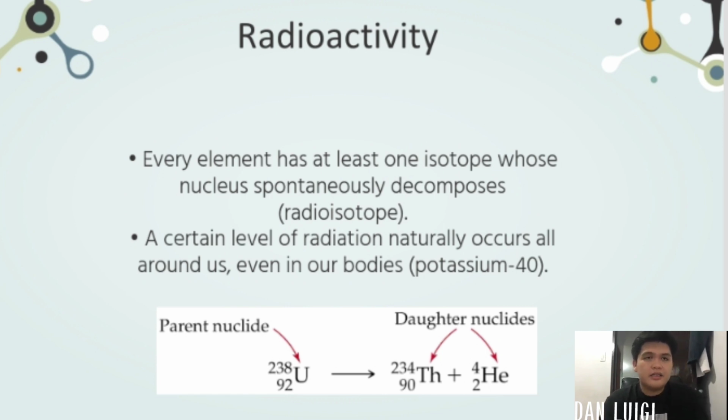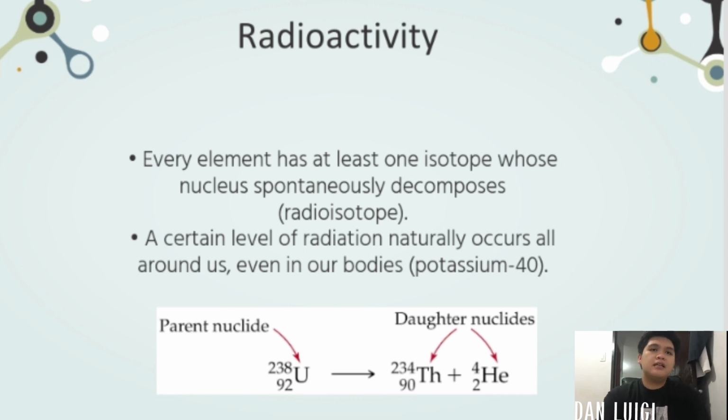In the illustration, there is the parent nuclide and the daughter nuclide, and the helium here is given. Isotopes in which the number of protons and neutrons are balanced are stable. In the lighter elements, this balance occurs when the numbers of protons and neutrons are approximately equal.